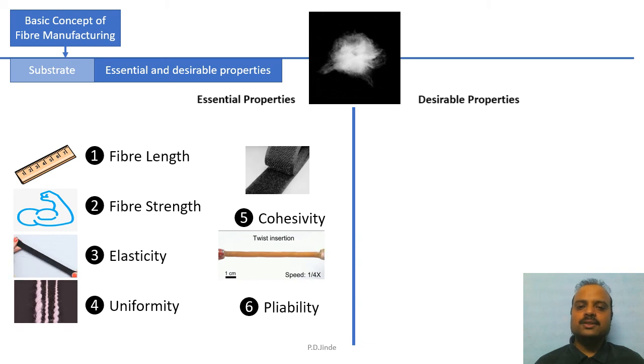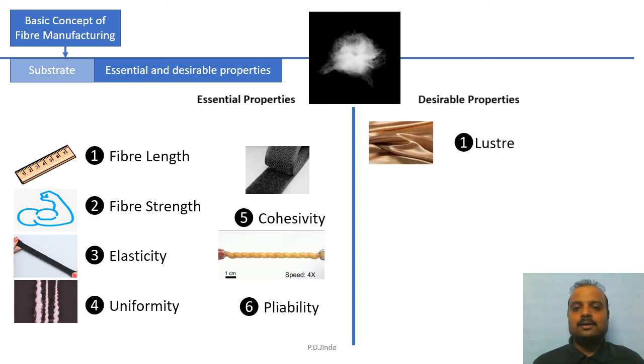Apart from these essential properties, if fiber possesses desirable properties, as I told you, they enhance the article's value. Number 1 desirable property is luster.